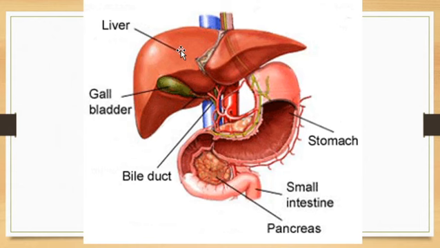So this is the liver. The gallbladder is located on the larger portion of the liver, below, inferior to the liver. Then this is the bile duct where the fluids or components of the gallbladder coming from the liver will pass through to the small intestine.